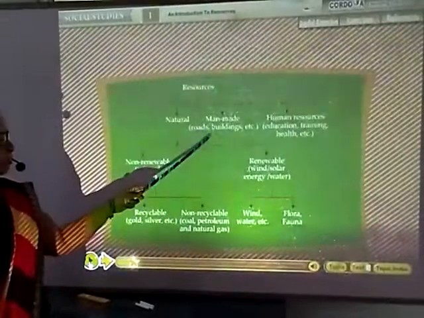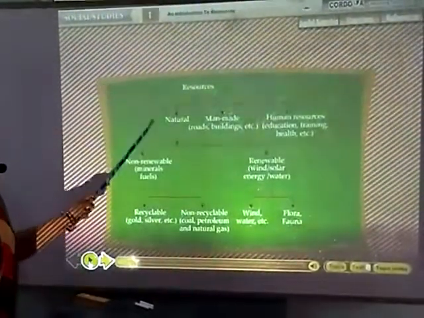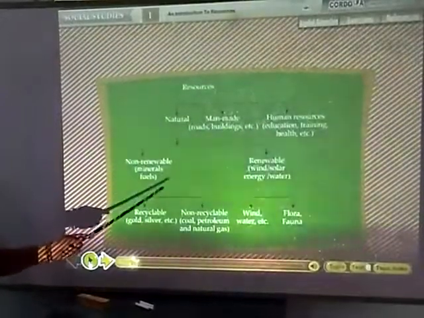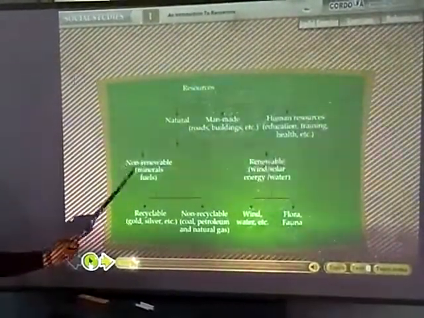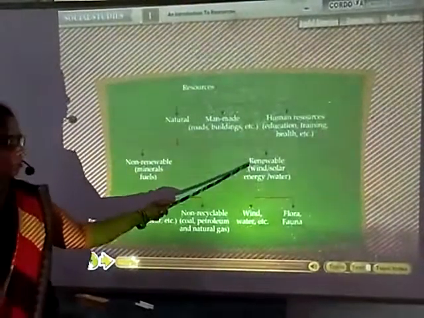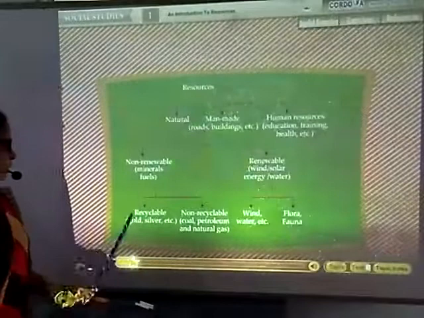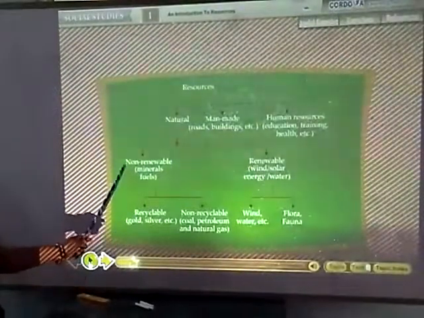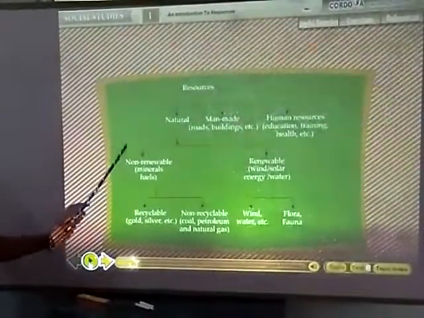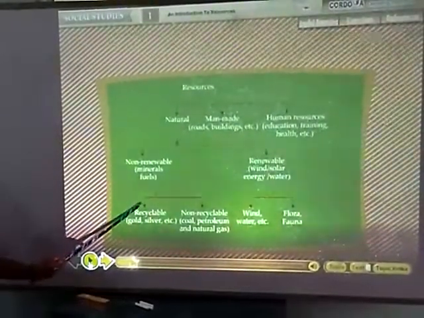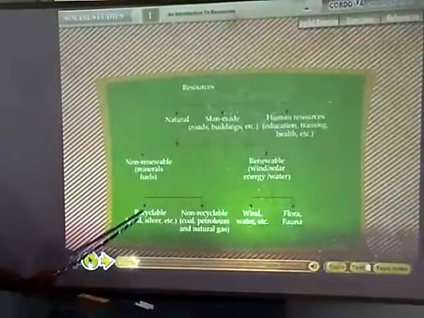Natural resources, man-made resources, and human resources. And natural resources are of two types: non-renewable resources, minerals, fuels; renewable resources, wind, solar energy, water, etc. Non-renewable resources are of two types: recyclable, non-recyclable.